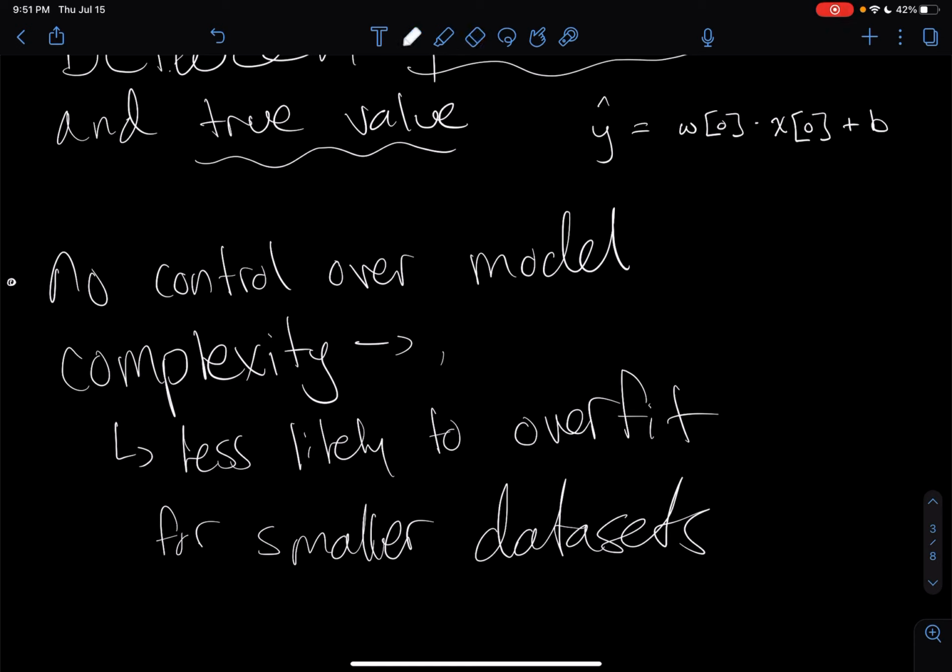But the benefit of this is that it makes our model less likely to overfit, because our model isn't learning mean squared error, right? We're using mean squared error as a metric to train our model, but it does not actually define the model in any way. So first, this applies primarily to smaller data sets, and check out the video comparing linear regression to ridge regression, which we'll talk about in another video, and this will become easier to understand.